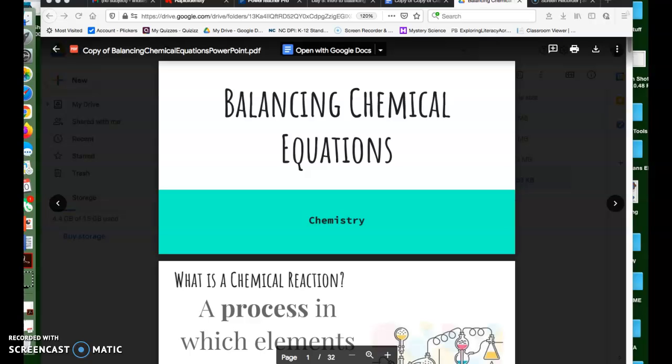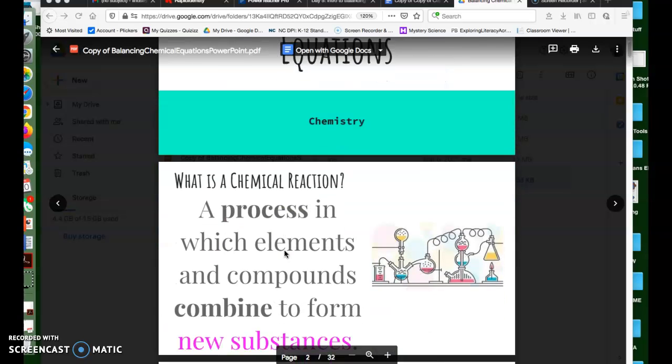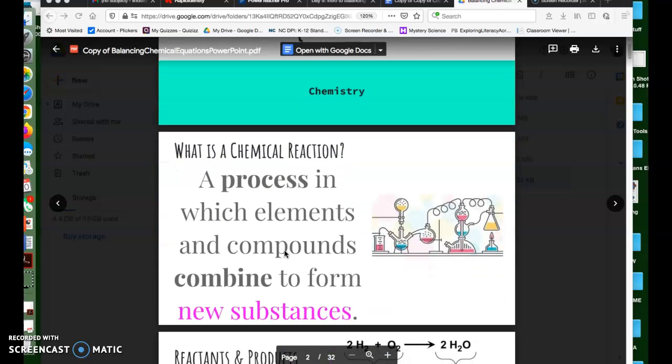So we've already started talking a little bit about chemical equations, and we've definitely talked about what a chemical reaction is. Remember, a chemical reaction takes place when elements, compounds and molecules combine to form new substances. We talked about the difference between a physical change and a chemical change.